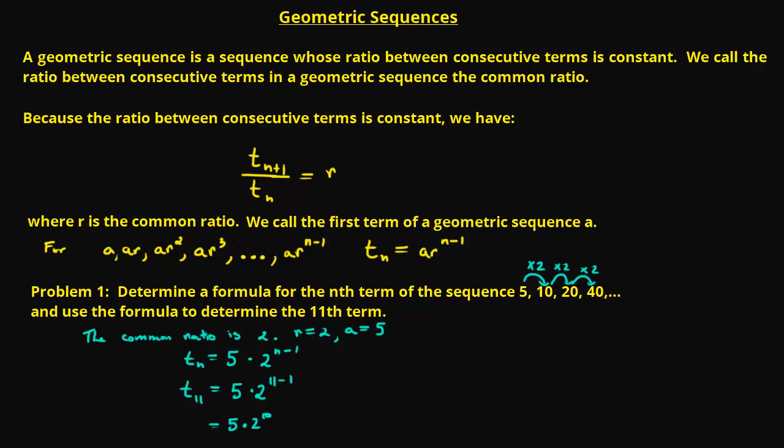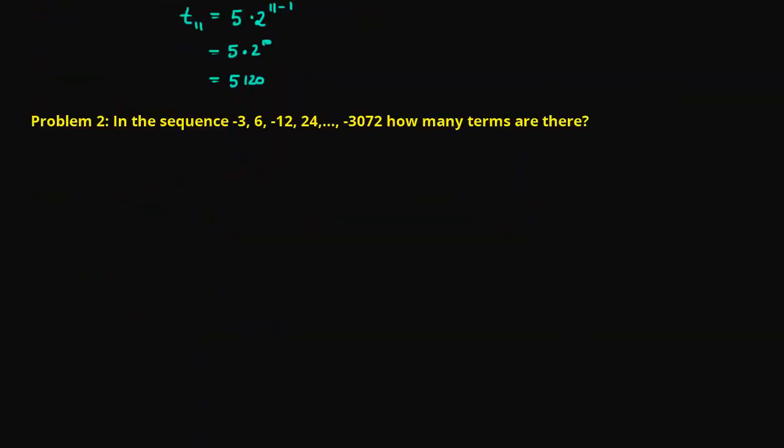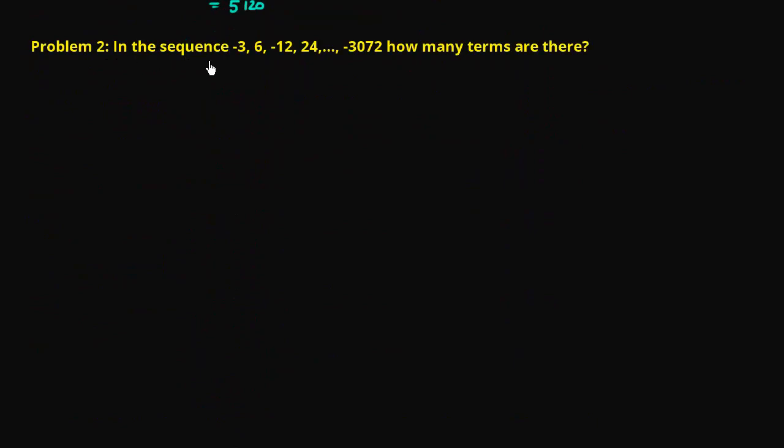Okay, so moving forward, in the second problem we're told in the sequence -3, 6, -12, 24, ..., all the way to -3072, how many terms are there? So if we look here, notice that there is a common ratio of -2 between terms.